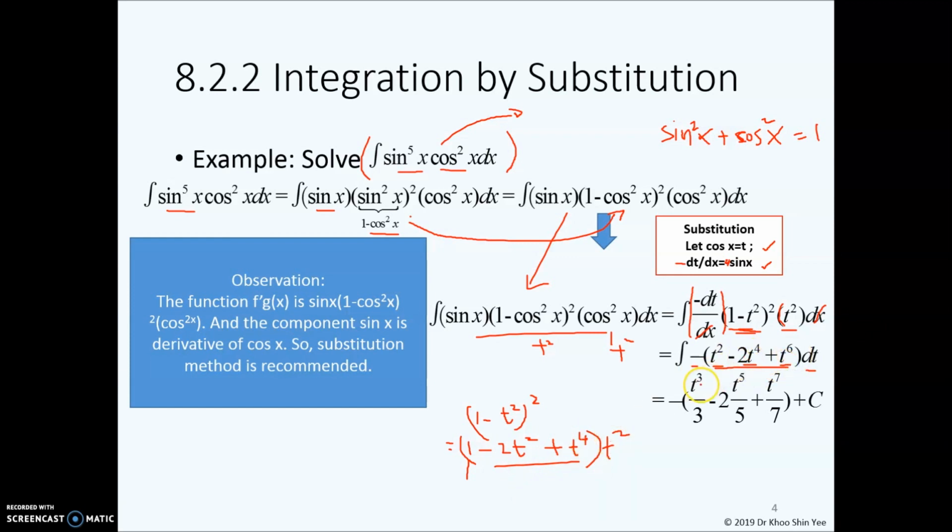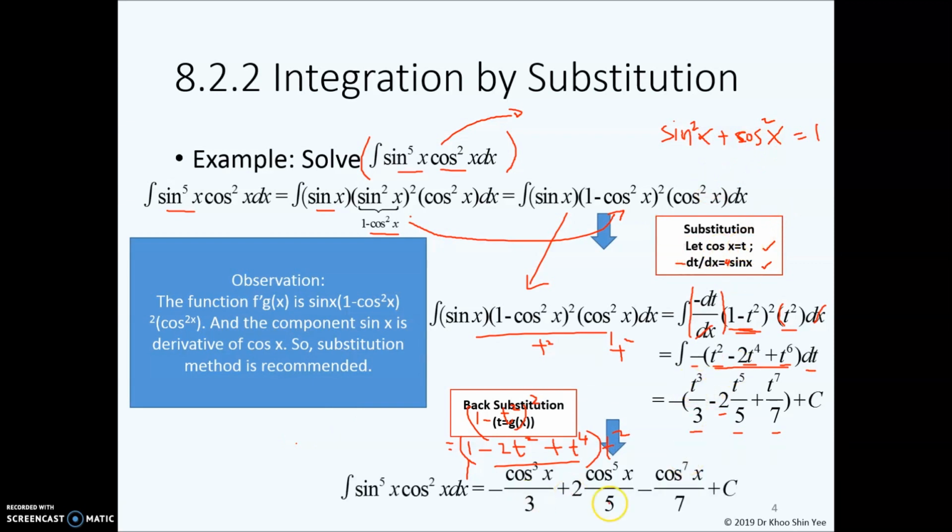Then we continue to integrate this. t squared gives t to the power of 3 divided by 3. t to the power of 4 gives t to the power of 5 divided by 5, with the constant remaining. t to the power of 6 gives this term. So we do the back substitution, don't forget. The t is cos x, we substitute inside. Then this should be your final answer.